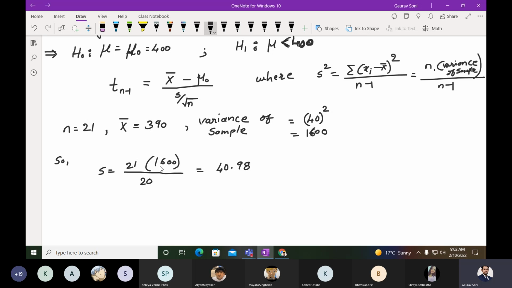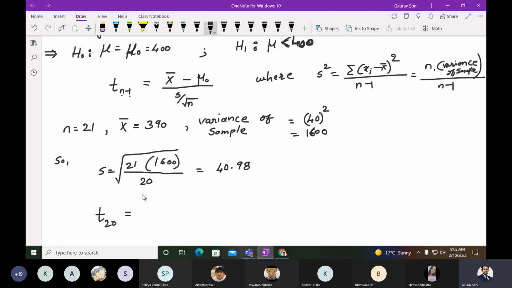Let's put all the values in this. Remember that I have to take the root also here: s is equal to under root of this, as s square value is this. So T with how many degrees of freedom? 21 minus 1, which is 20.